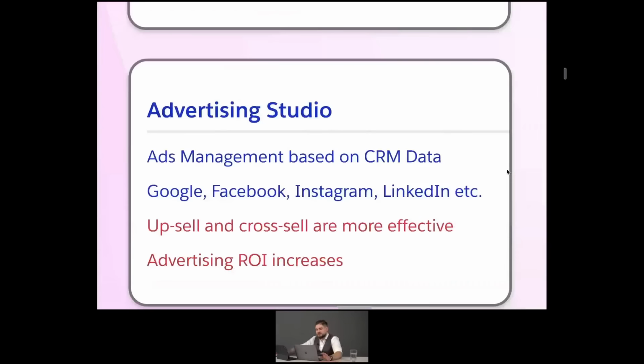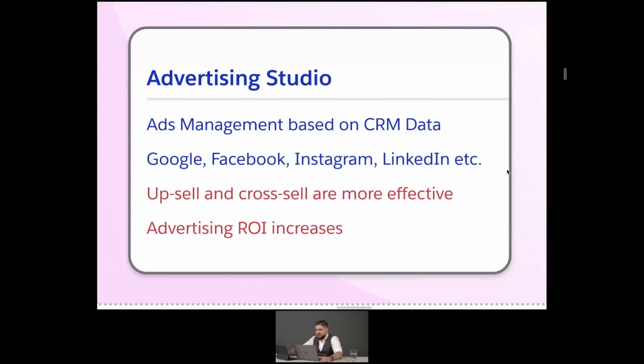The next one is Advertising Studio. It's quite an interesting thing, and of course, when you implement that, you have to work with some external services like Google, Facebook, and some others, and you have to set up your business accounts, etc. But in terms of Salesforce, that is really easy to work with. So Advertising Studio allows you to combine an ads management center based on your CRM data, because you have the same unified database.